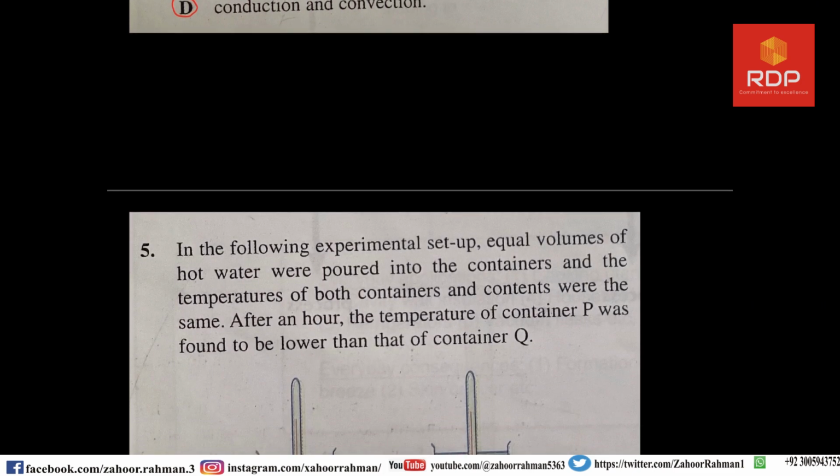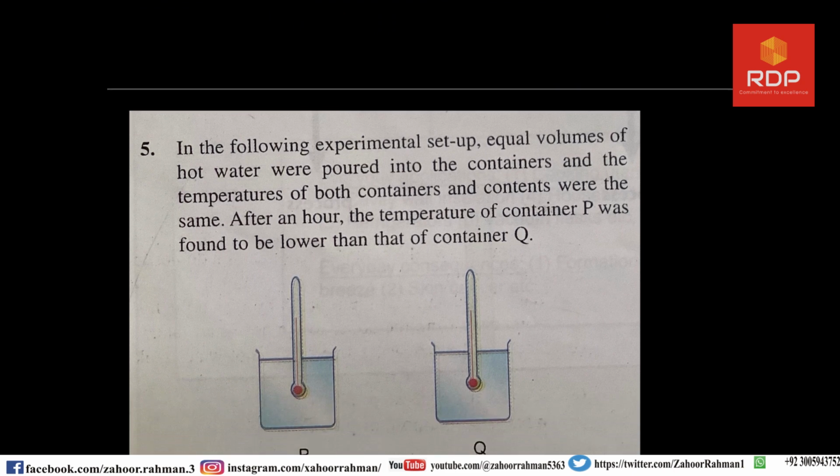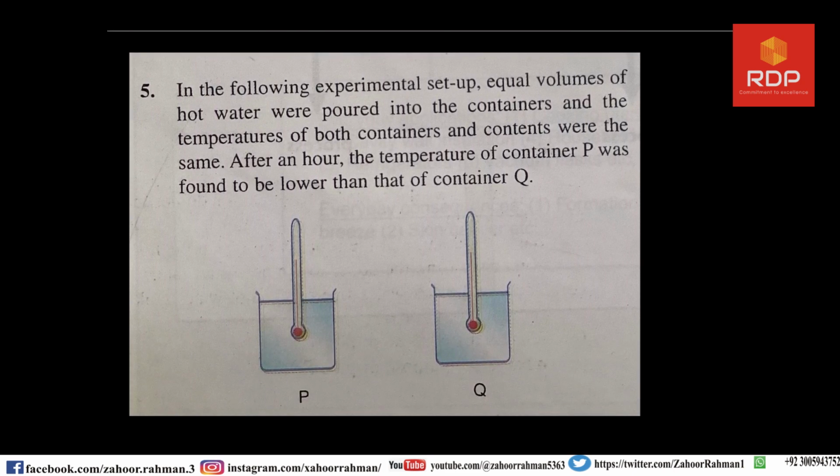So now let us turn our focus to question number 5. There are four options given to this as well. I will show that to you in a moment. In the following experiment setup, equal volumes of hot water were poured into the containers, and the temperatures of both containers and contents were the same.